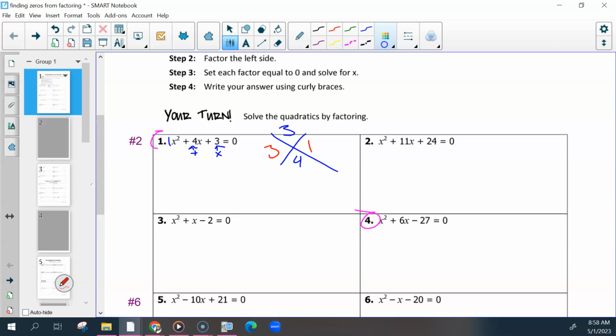When you have a trinomial where 1 is in the front, you can immediately go into your factors, whatever the variable is, and then if these are positive, which they both are, put x plus 3 and x plus 1. So we factored it. Now we're going to take each factor and set it equal to 0 without the parentheses, and solve both of the equations.